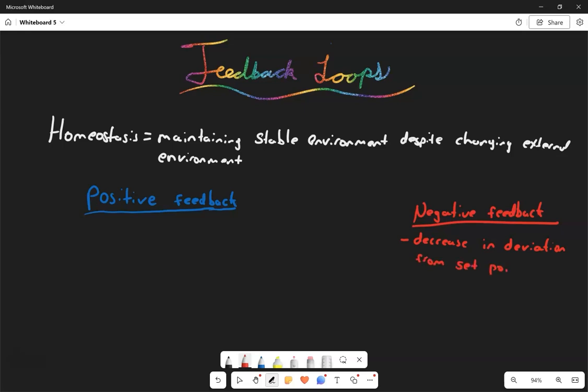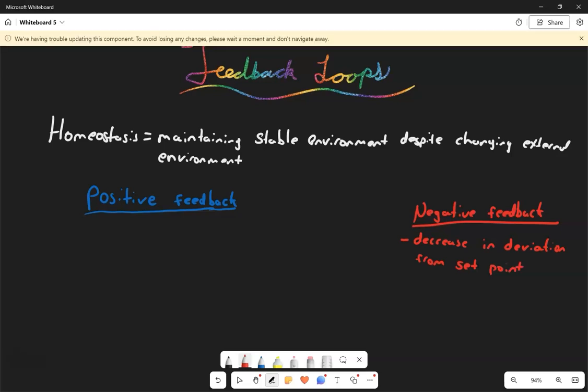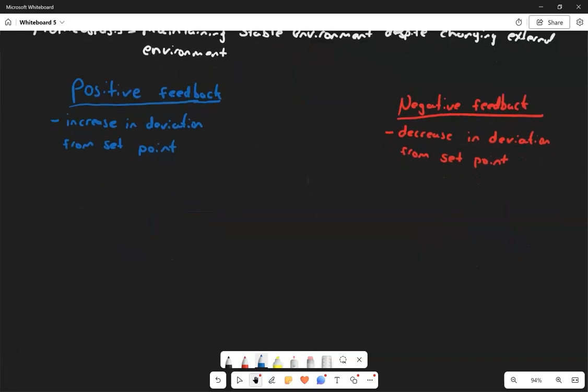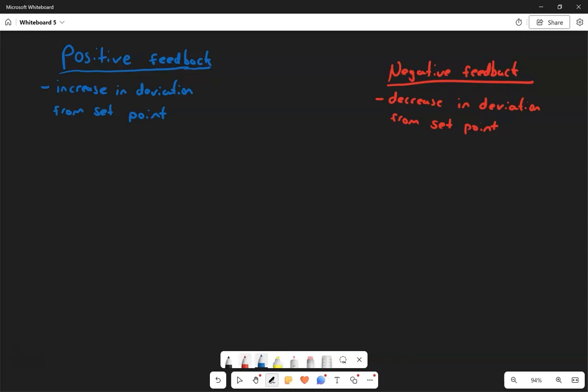So if a negative feedback loop is a decrease in the deviation from the set point, what do you think your positive feedback loop is? That's an increase in the deviation from a set point. So again, let's start and let's talk about our negative feedback loop first.